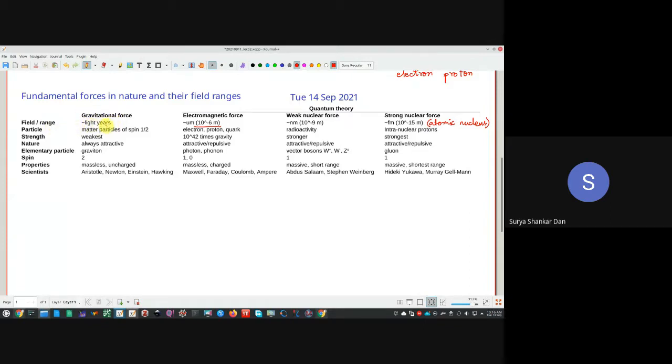If the range is very high, the mass of the particles is essentially very, very low. It's inversely proportional. As a consequence, the gravitational force's range extends through light years. So these are practically massless particles. These kind of elementary particles are called gravitons.